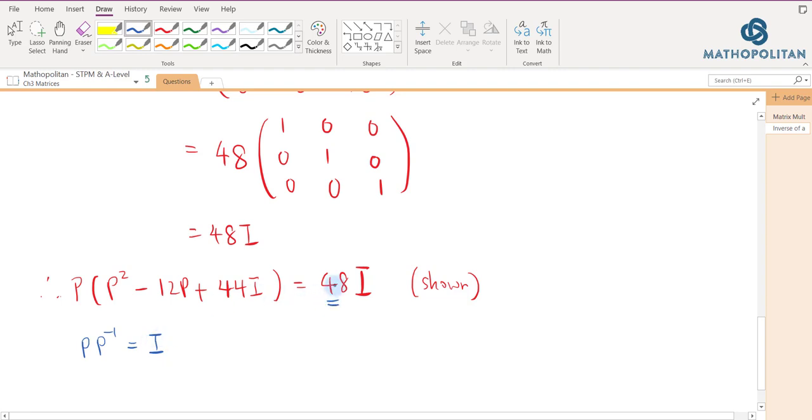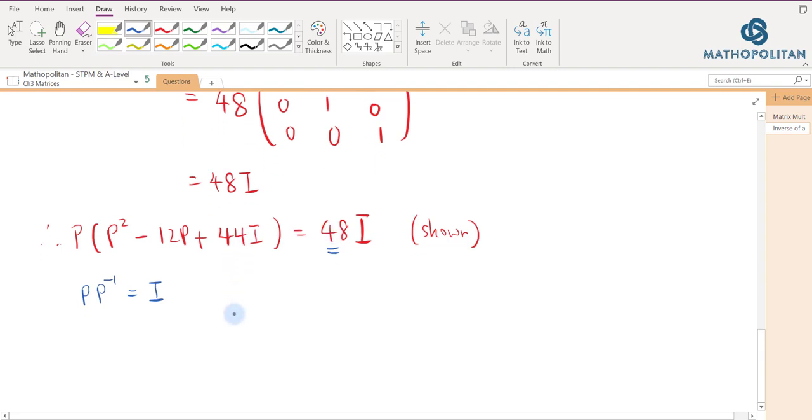So I need to move this 48 to the left hand side, so I divide both sides by 48. In other words, I can show that P multiplied by 1 over 48 times P squared minus 12P plus 44I is equal to the identity matrix.